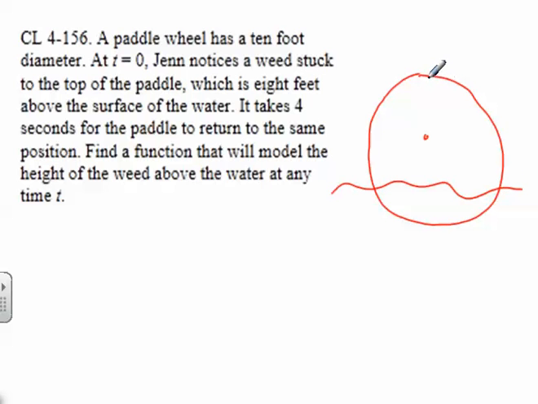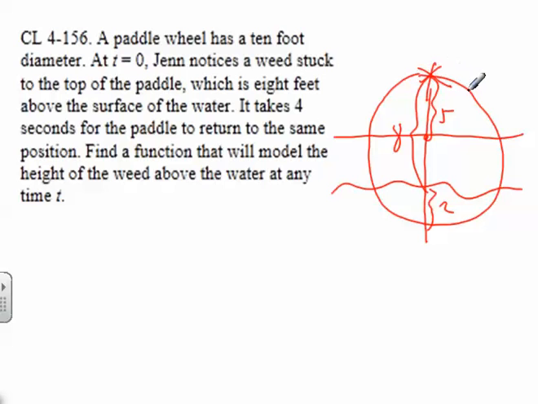The diameter of the wheel is 10, and the center line, so that means from here to here is 5, and from here to here is 8, and under the water is 2 units, and it says it takes 4 seconds for it to go all the way around. So if we're taking a look at what's happening, it says that the weed is stuck right here. So it's going to be rotating, it'll go down underwater and then back up in a total of 4 seconds.